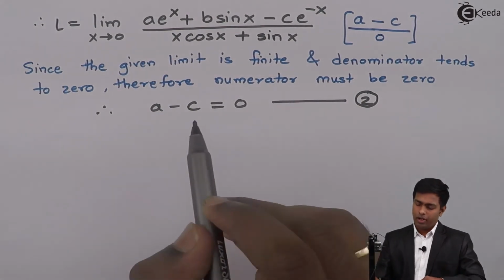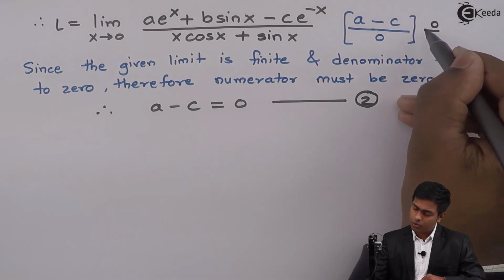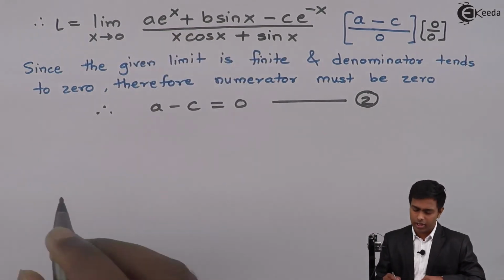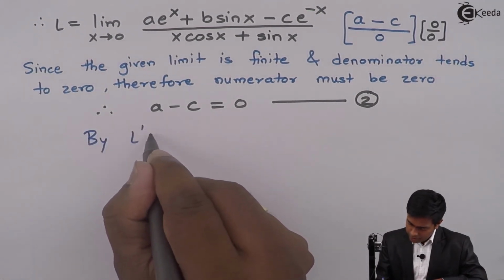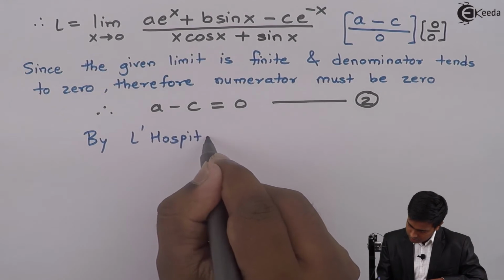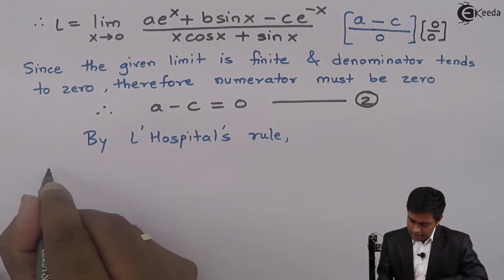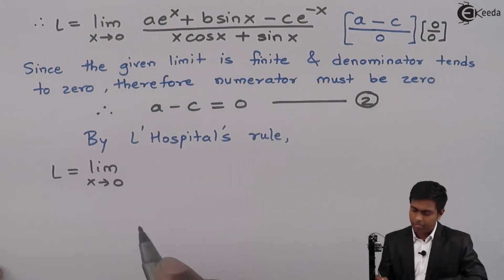So now as we are saying a minus c is 0, here we are getting 0 upon 0, and as we are getting 0 upon 0, we can apply L'Hopital's rule on this limit. So here I will say again, by L'Hopital's rule, we will get L as limit x tends to 0.